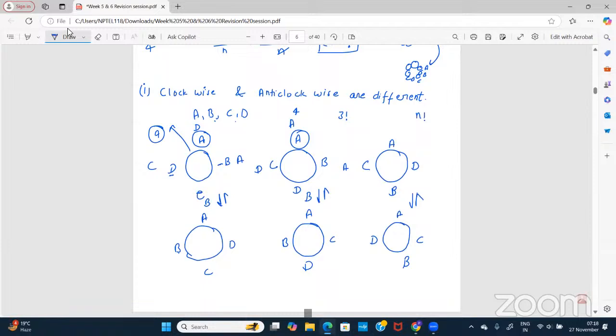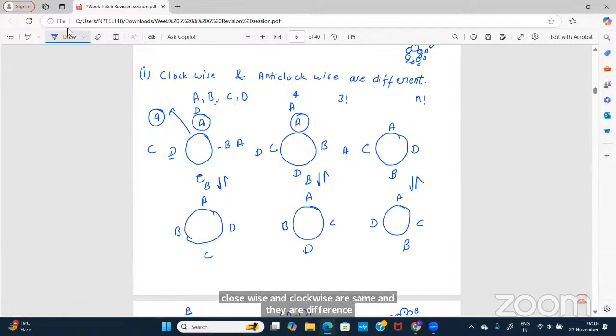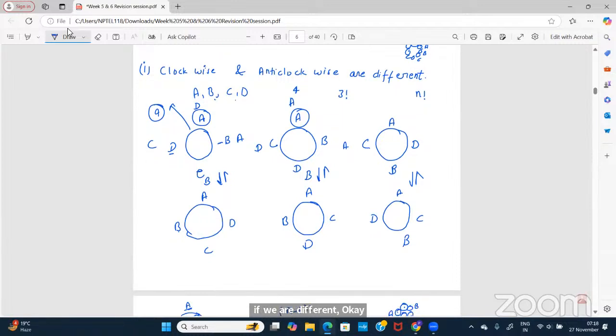So now the first thing is here 2 things are there. Anti-clockwise and clockwise are same and they are different. So what we do to arrange n objects in circular fashion, we just try to fix one thing.